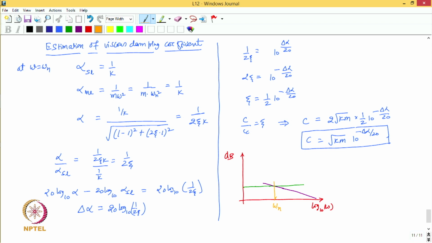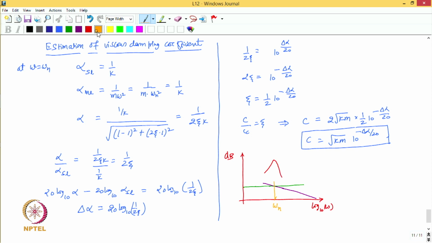So, what we do is determine the magnitude of the FRF at this frequency, and let me overlay on this the FRF like this. It is going to be like this.